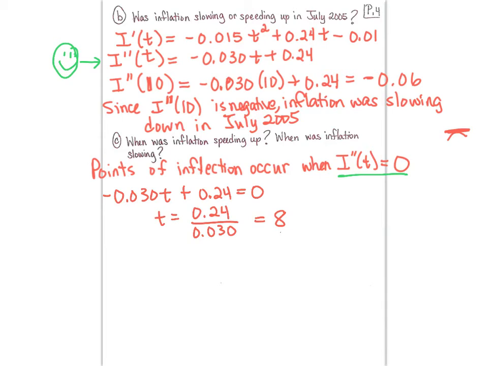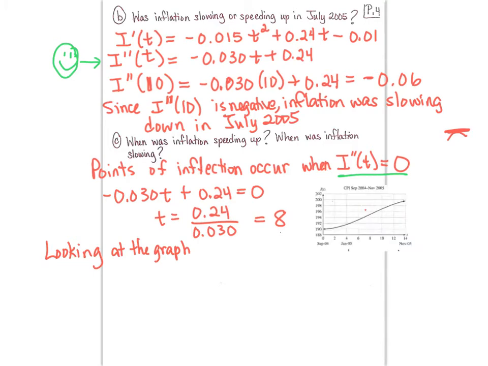Well, looking at our graph, so now you have to look back on the previous page. So if we look at our graph here, t is equal to 8 about here.